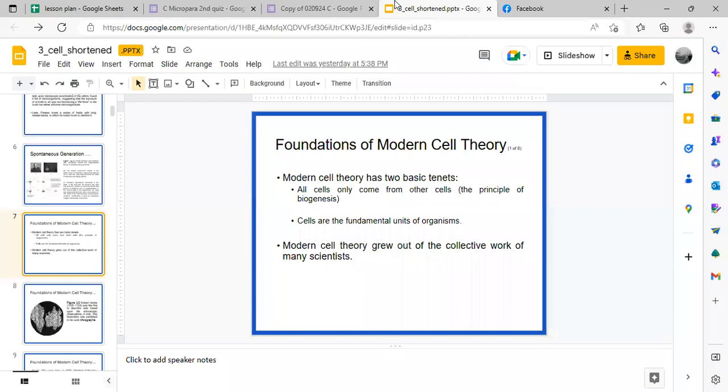So we have established that cells are the fundamental units of organisms. Okay? So how did this modern cell theory come about? So ganun una yung idea na biogenesis, that life comes from other life forms.